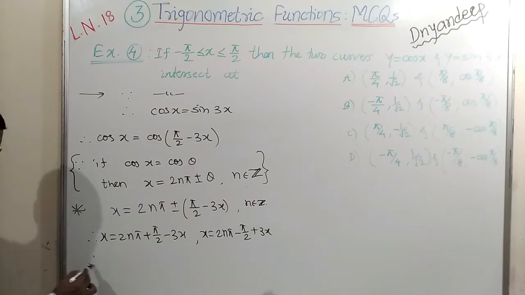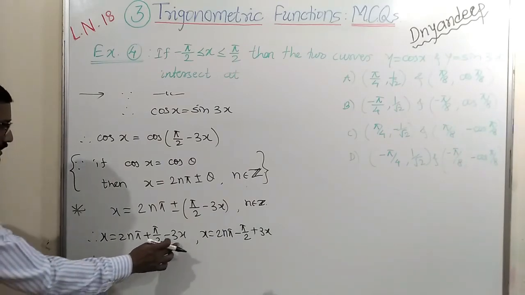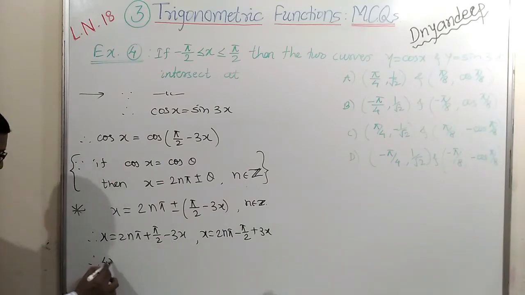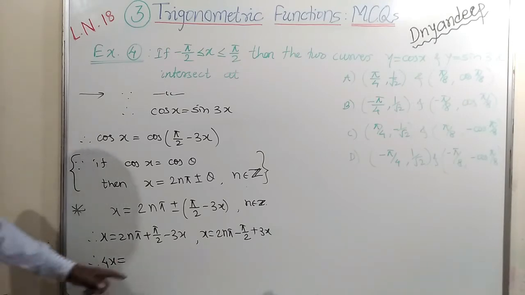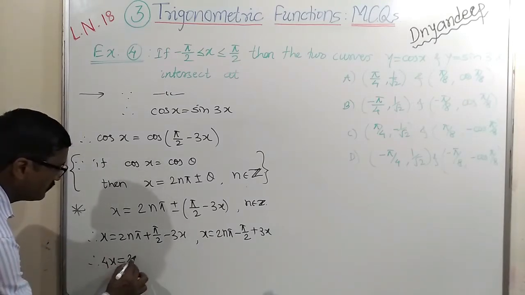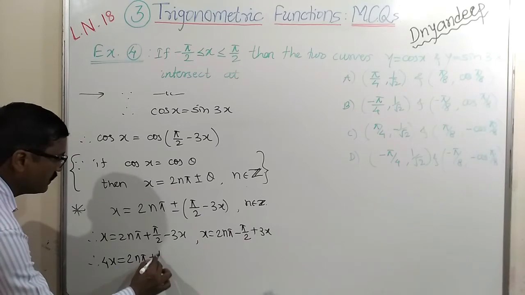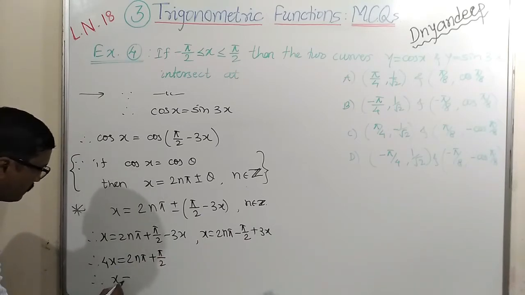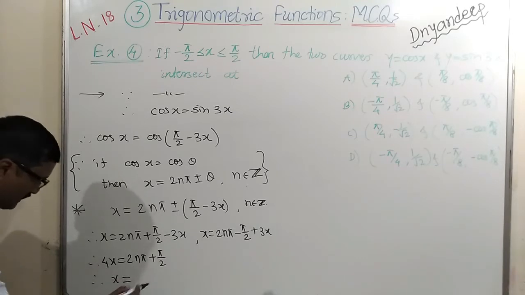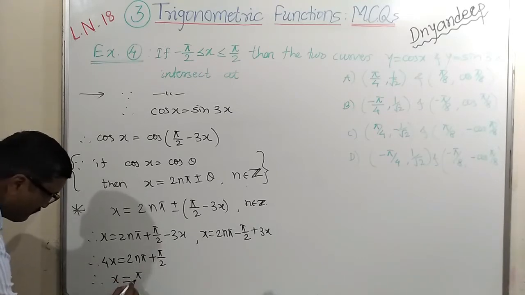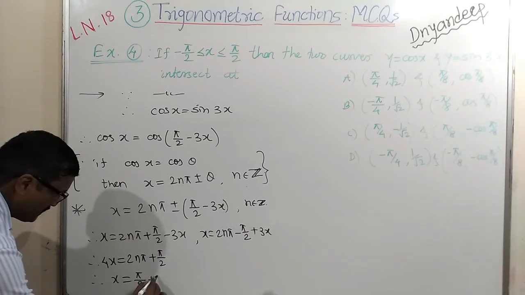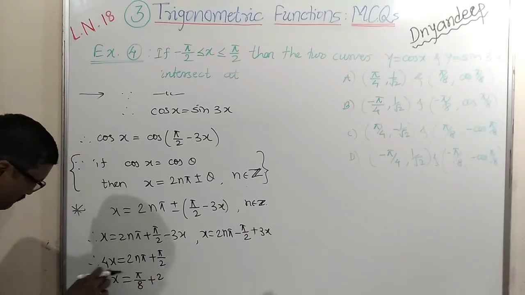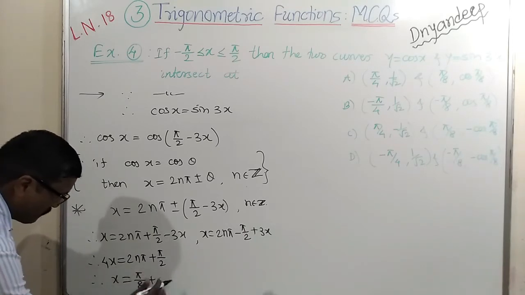Okay, let us once again simplify. So taking this 3x here, we get 4x equal to 2n pi plus pi by 2. Therefore, x is equal to, taking 4 to the right, pi by 8 plus, dividing this by 4, n pi by 2.